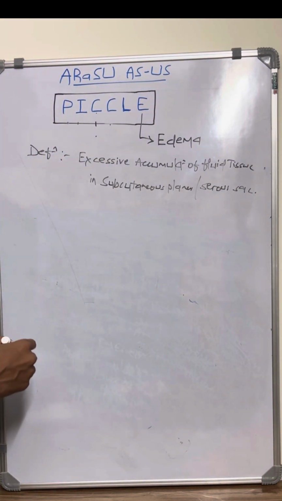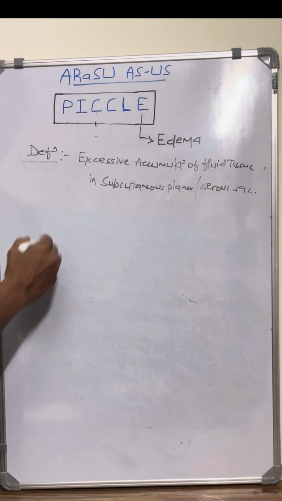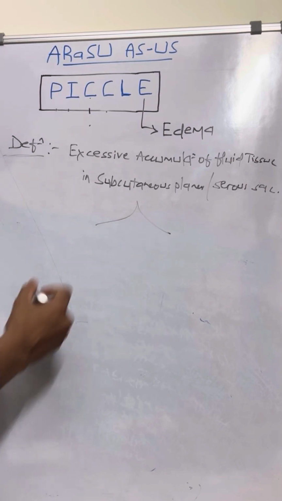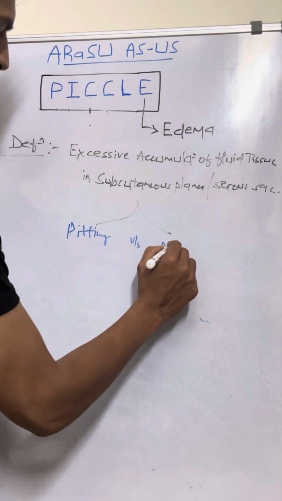This is the definition of edema, and whenever we observe edema in any patient, we have to first differentiate whether it is pitting or non-pitting. So pitting versus non-pitting edema.